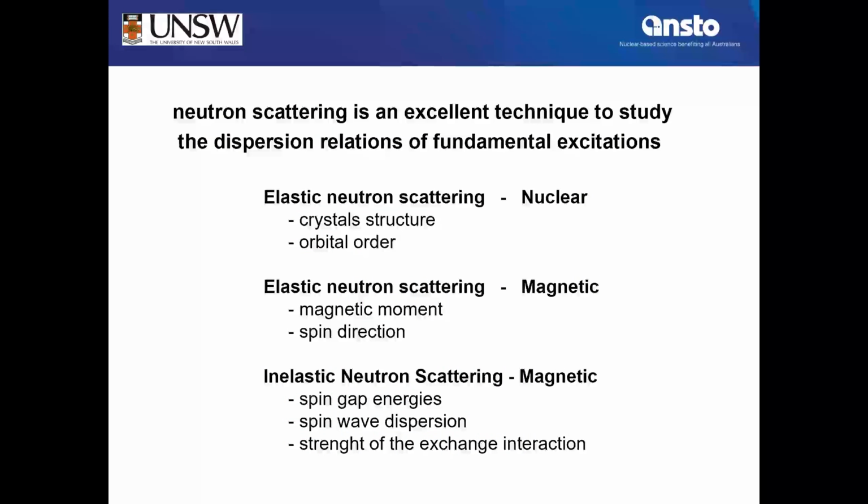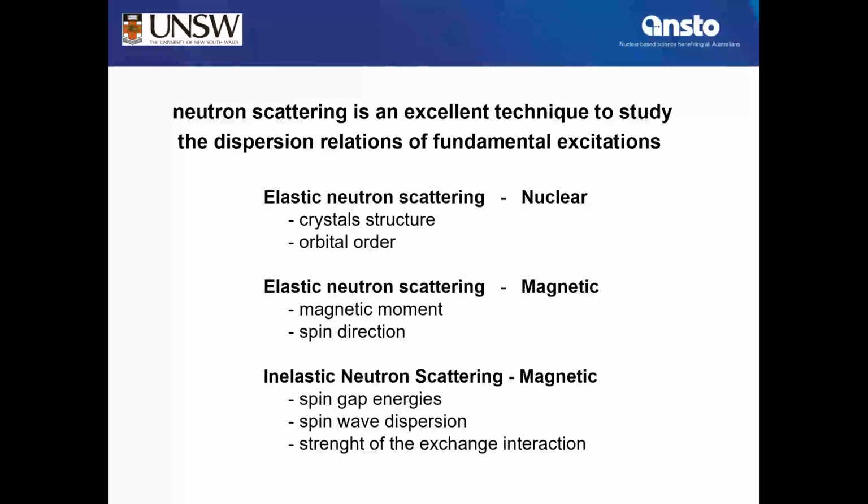Yeah, sorry, I'm already coming to the end of that presentation. So let me summarize. Neutron scattering is really the ideal technique to determine the precise crystallographic structure or orbital order. That's what all of you know.